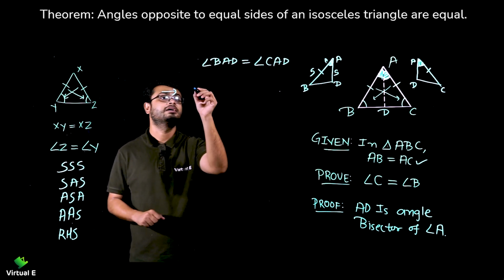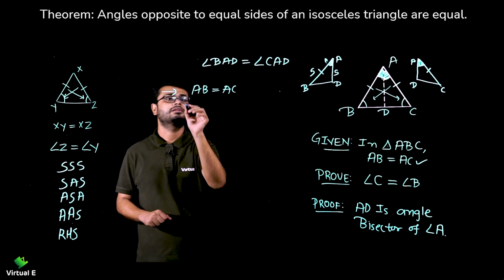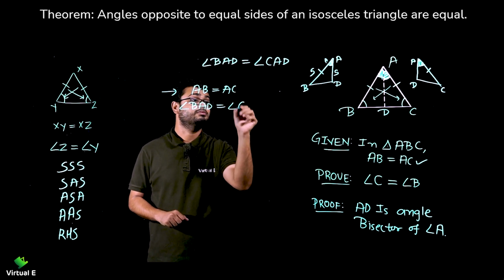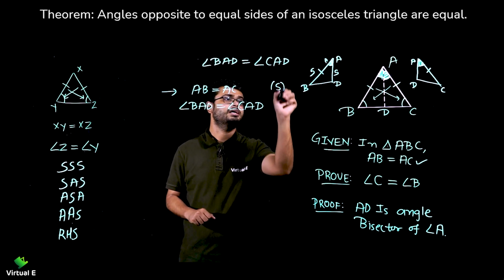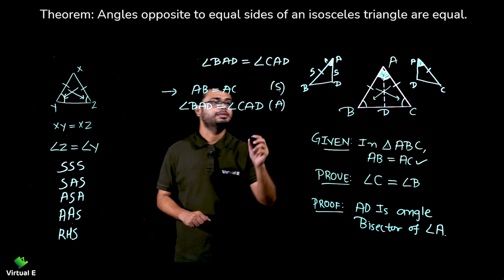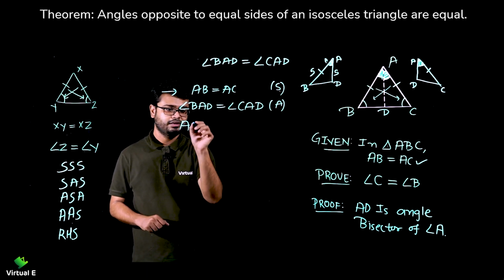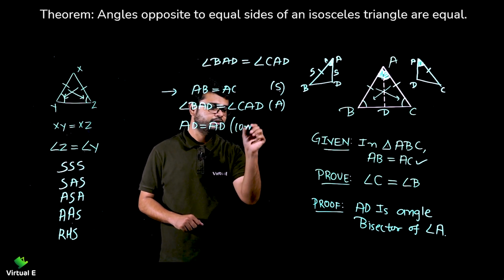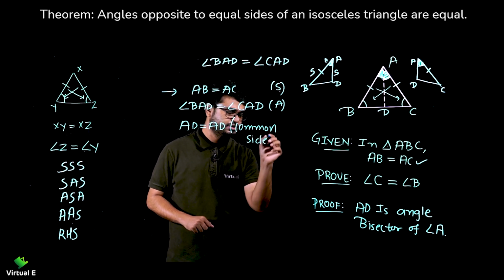We have one side, AB is equal to AC. Then angle BAD is equal to angle CAD. This is your side, this is your angle, and the last side, which is AD. Let's write here AD is equal to AD, that is the common side.